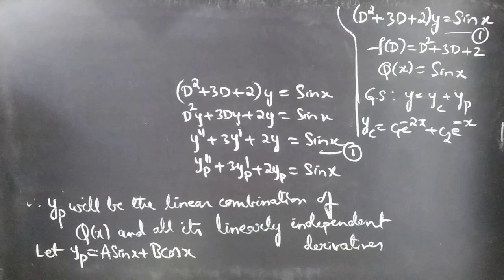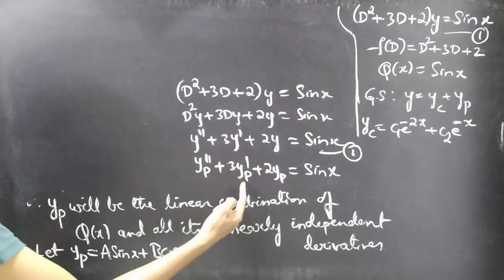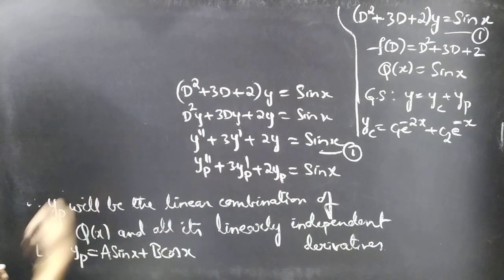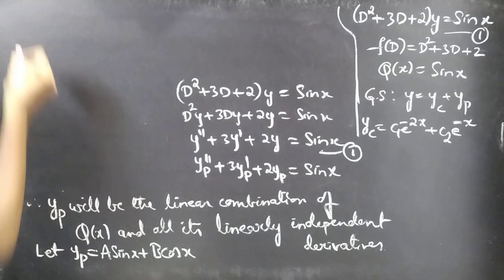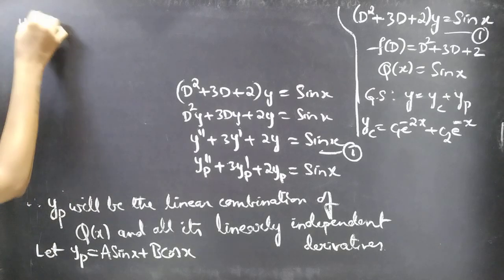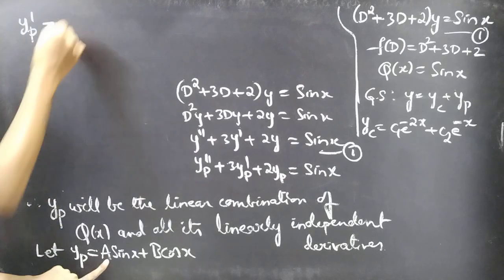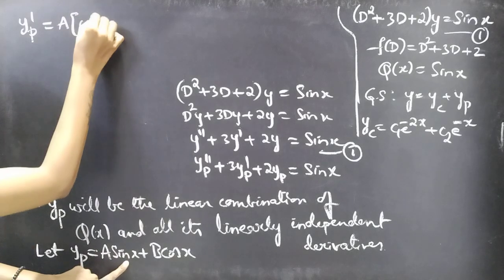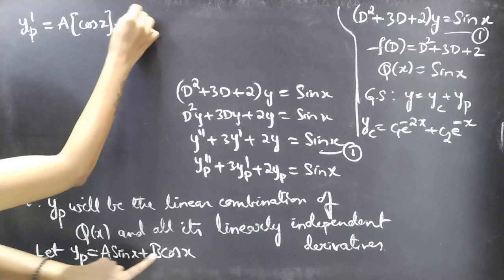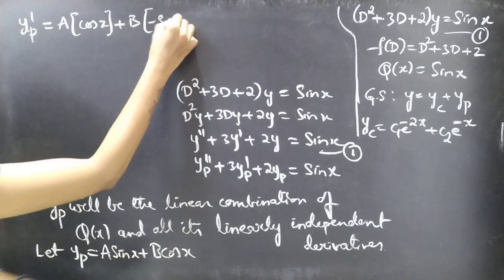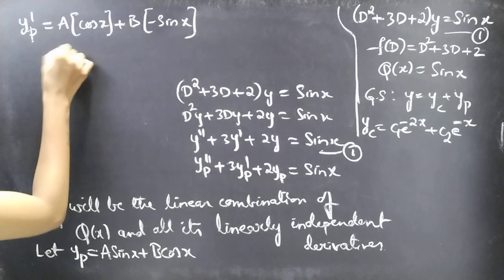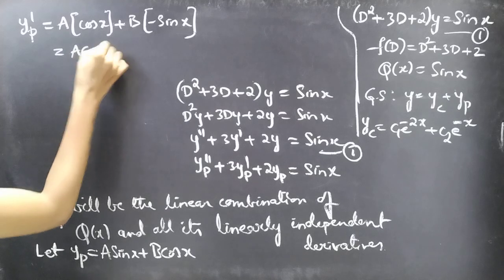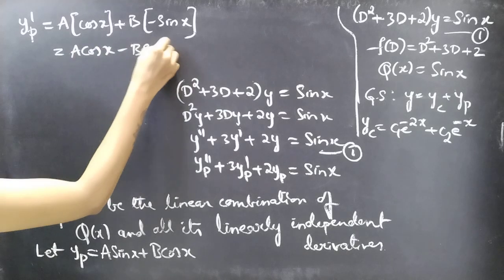Fine. Now we are having yp and we need to find yp dash and yp double dash. Yp dash equal to a into derivative of sin x is cos x plus b into derivative of cos x is minus sin x, which gives us yp dash equal to a cos x minus b sin x.